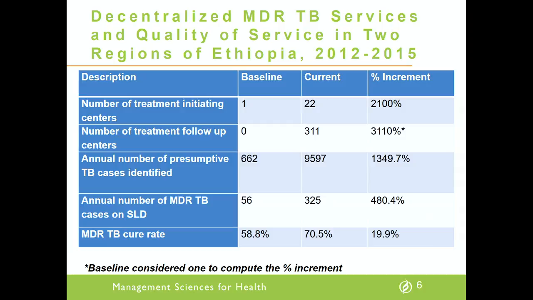So if we measure it in terms of cure rate, then we have 70% cure rate from this decentralized service delivery models. At baseline, it is much lower, but there are factors that have contributed to that because the patients during the initial phase of treatment, of course, were having more advanced disease because of lack of access, total access to the treatment.